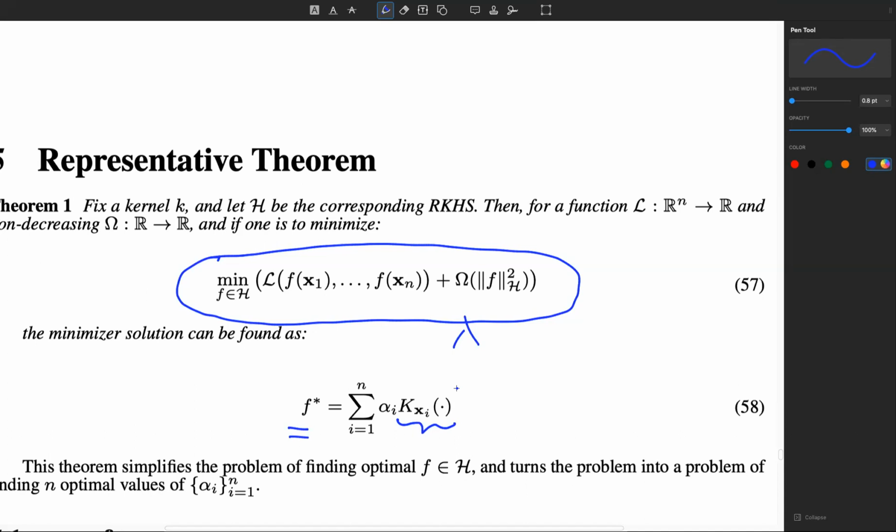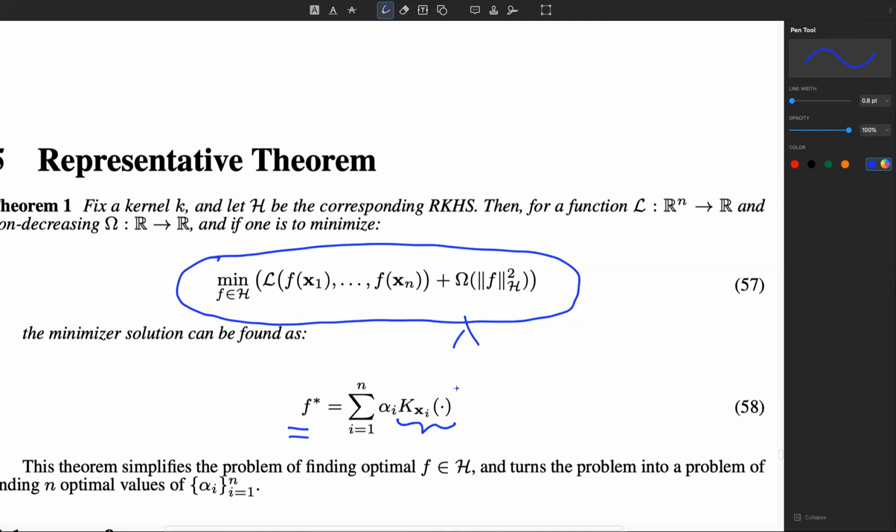Just assume this kernel is given, like we're not doing anything with the kernel. We use the radial basis kernel. That's it. Not changing. All the parameters of the kernel are fixed. We're not learning the kernel.